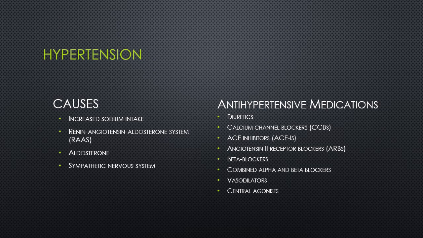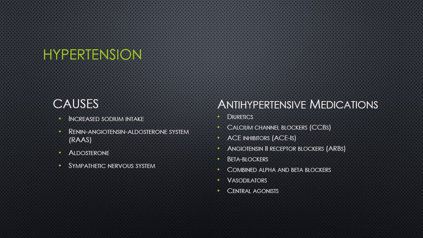ACE inhibitors block the conversion of angiotensin 1 to angiotensin 2, so that stops the triggering of the sympathetic activation as well as the release of aldosterone. And angiotensin receptor blockers are used as a second-line type of drug for people who can't tolerate ACE inhibitors.